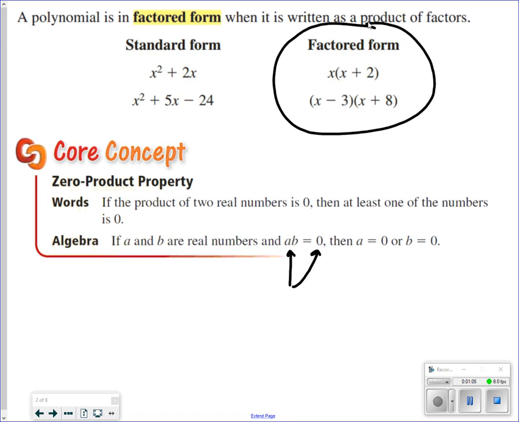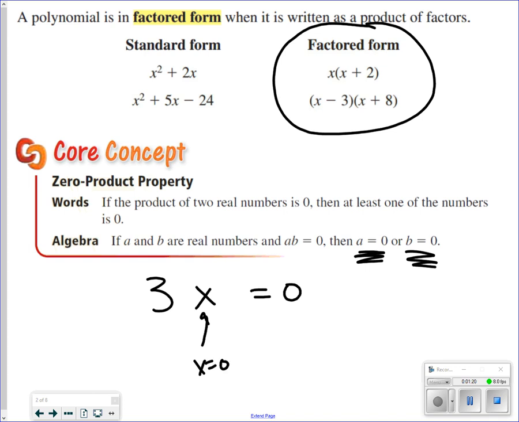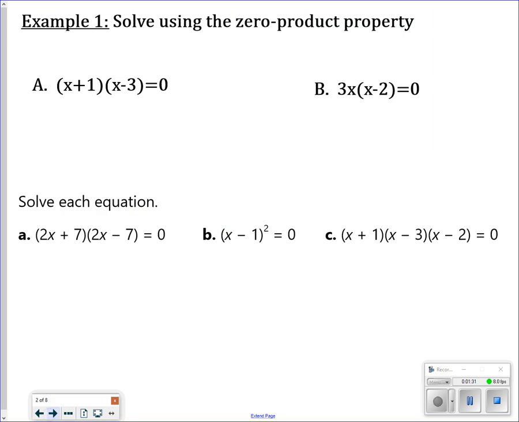If that is true, then A or B must be 0. Think about that for a second. If I have a number and an x, and it equals 0, then x must equal 0 in order for that to be true. Because if I have two things multiplied together and they equal 0, then one or the other must be 0.